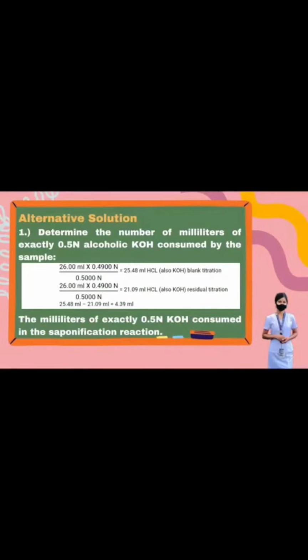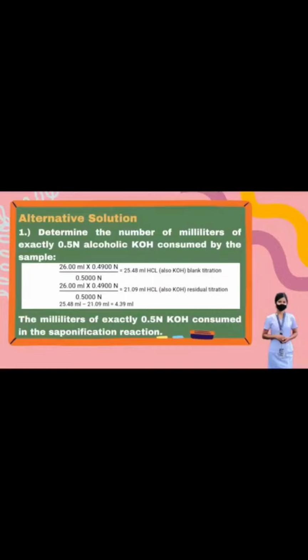First, determine the number of milliliters of exactly 0.5 normal alcoholic potassium hydroxide consumed by the sample. Under blank titration, multiply 26 ml to 0.4900 and then divide by 0.5000. The answer is 25.48 ml hydrochloric acid, also potassium hydroxide. Under residual titration, multiply 21.52 ml to 0.4900 and then divide by 0.5000.